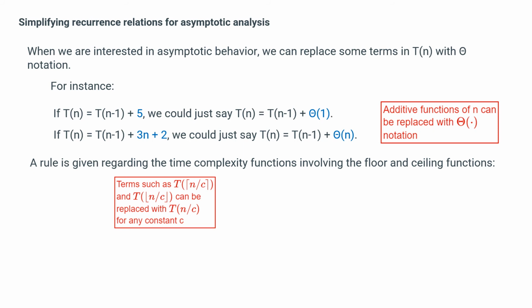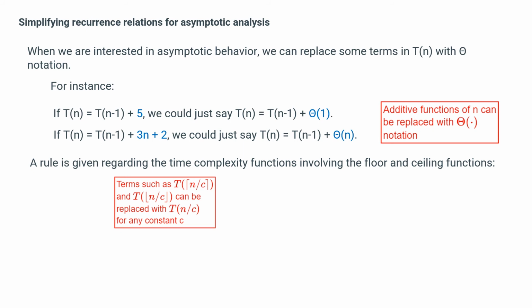So terms such as T of the ceiling of n over c and T of the floor of n over c can be replaced with just plain T of n over c for any constant c.